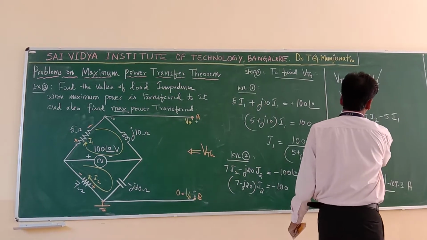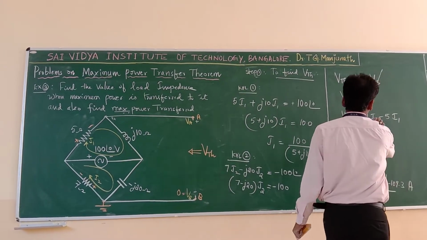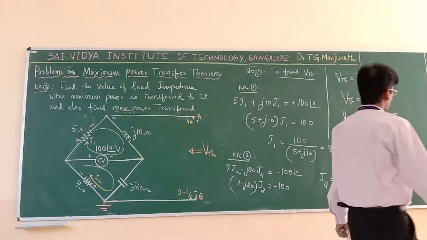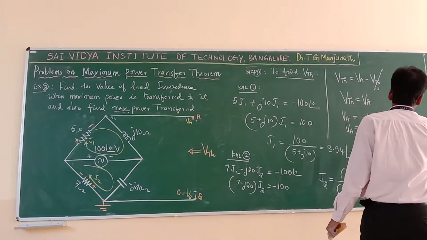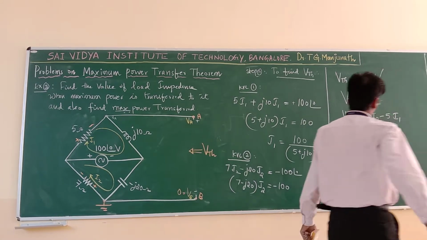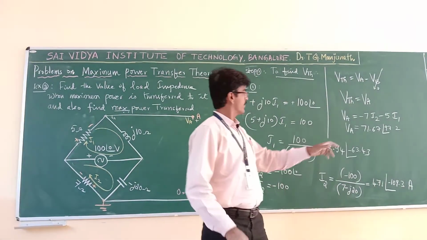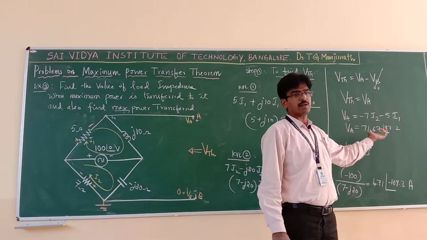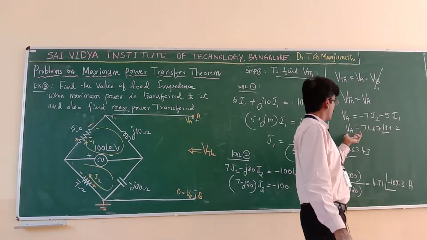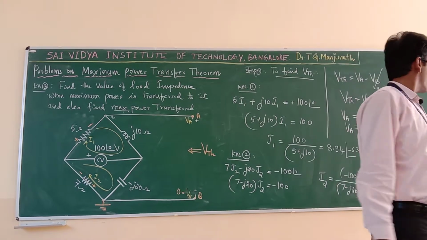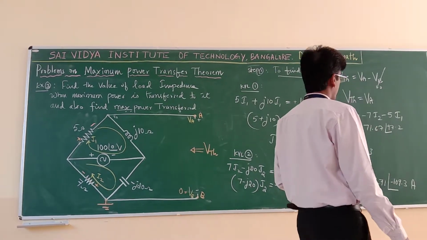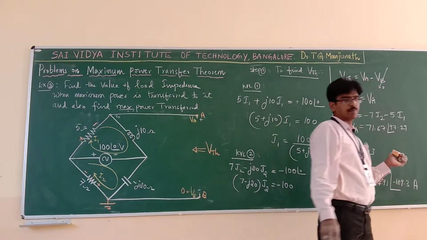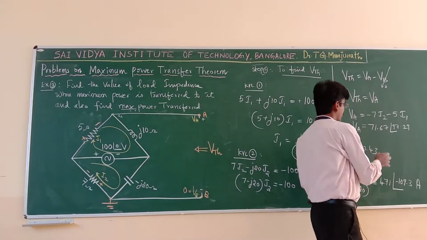Final answer is 71.67 at an angle 97.2. Please check the answer. After substituting the values of I1 and I2, keeping the calculator in complex mode, you get VA equal to 71.67 at an angle 97.29, I hope. Please check it. This is your VA.